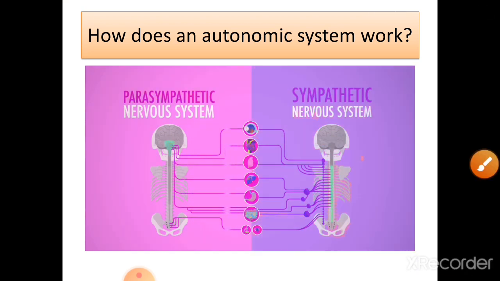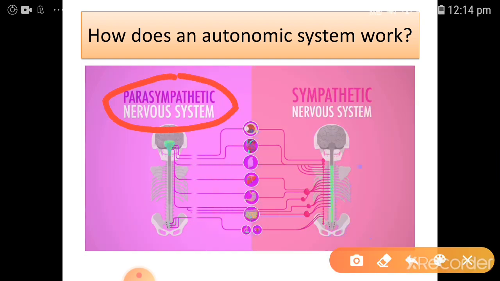It is brought back to its constricted position by the parasympathetic nervous system. So they work opposite to each other. For the involuntary actions happening inside your body, there are two systems, sympathetic and parasympathetic.